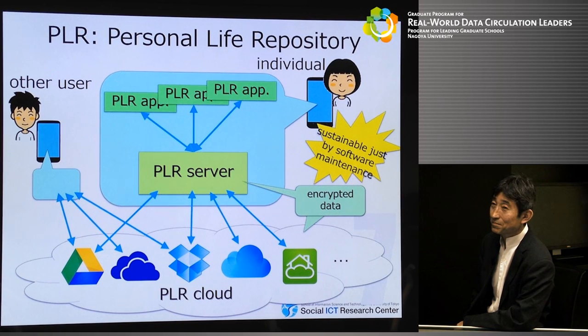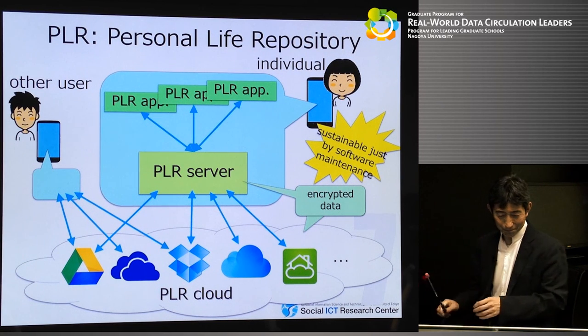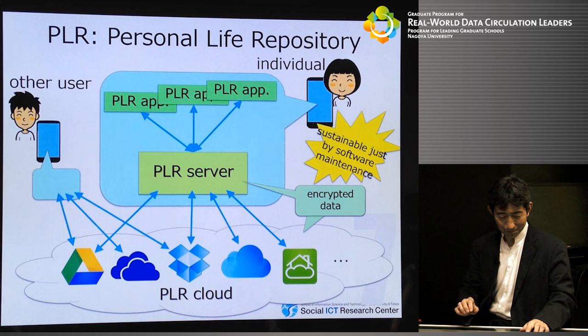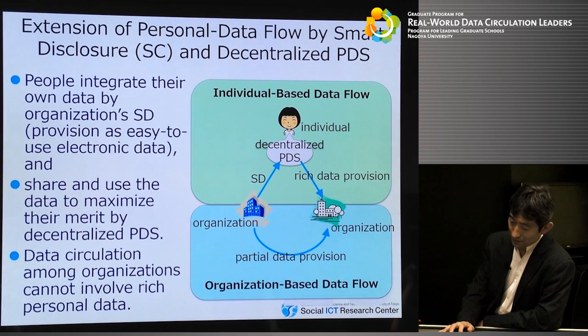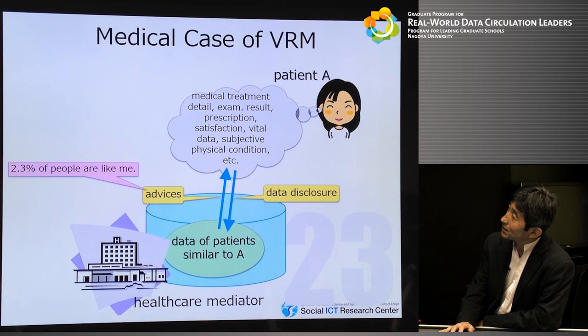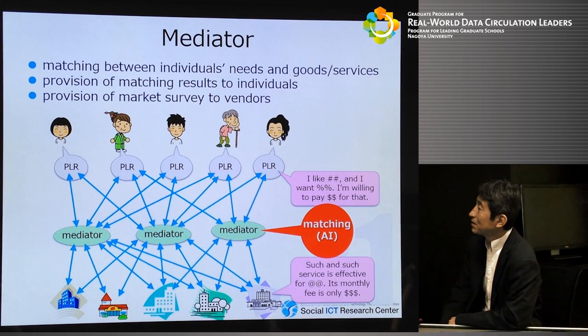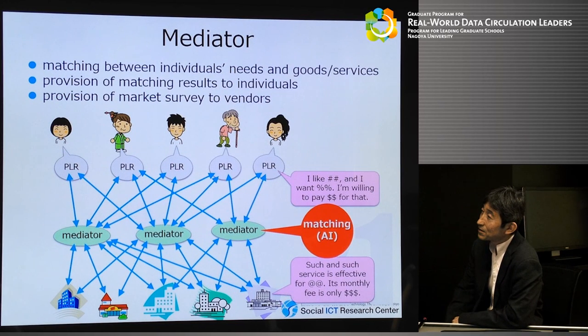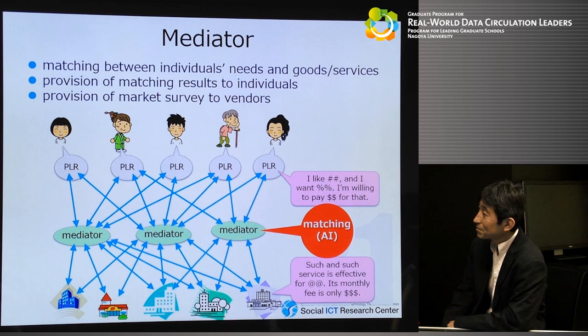Second question is about the mediator. Could you please turn to the mediator? No, some previous. Yeah. So this mediator will match some kind of request from user to some vendors.